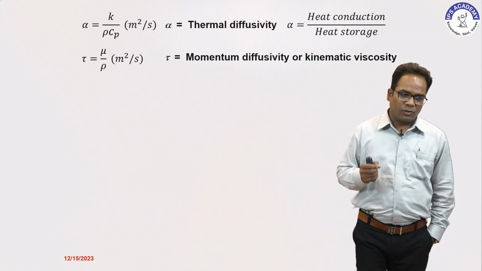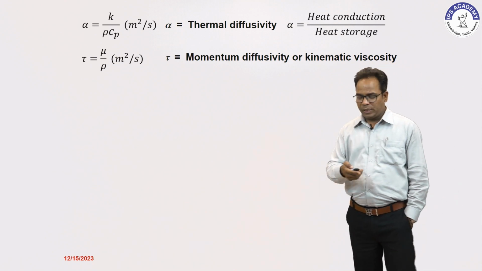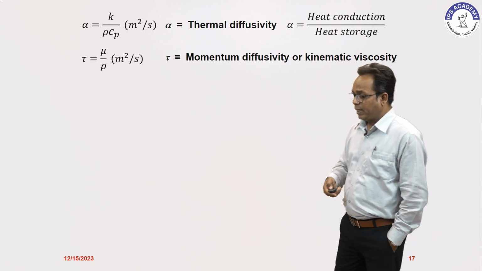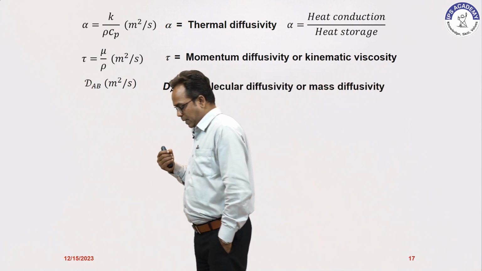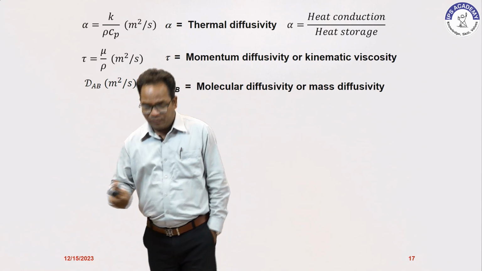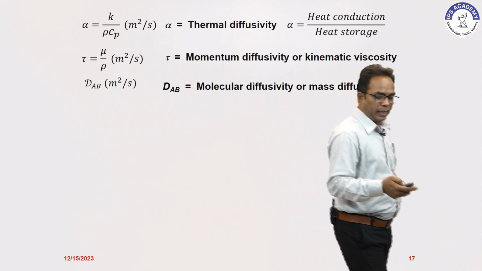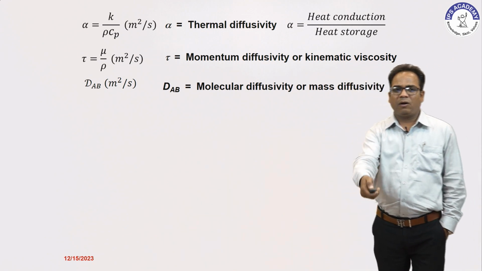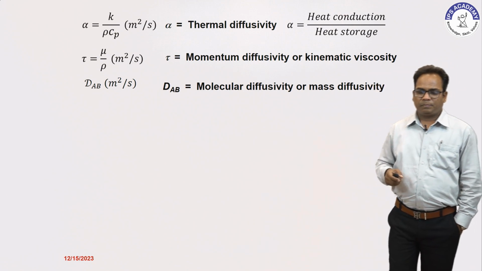Similarly, in case of momentum transfer, we have the momentum diffusivity, which is the kinematic diffusivity, and in case of mass transfer we have the molecular diffusivity. But I will not go into the detail of momentum diffusivity and molecular diffusivity as of now.